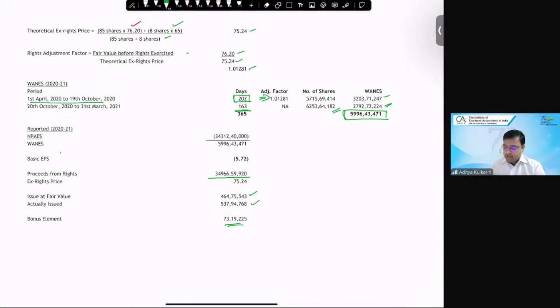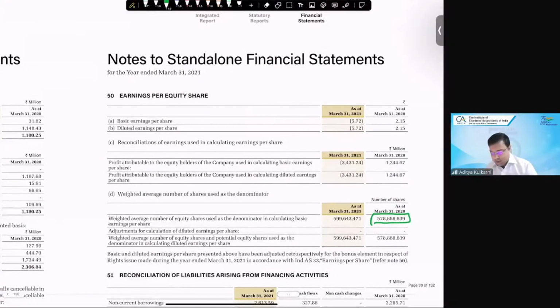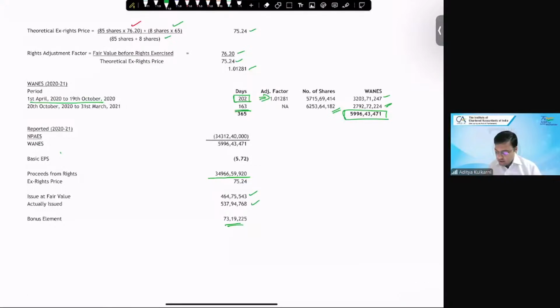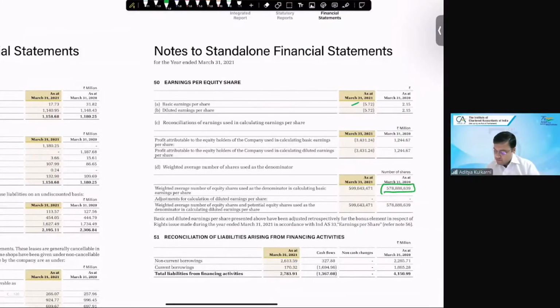2021 reported is a loss. So if you look at 2021 EPS, profit attributable is 343,124, divided by weighted average. So minus 5.72. Is it okay? Yes.